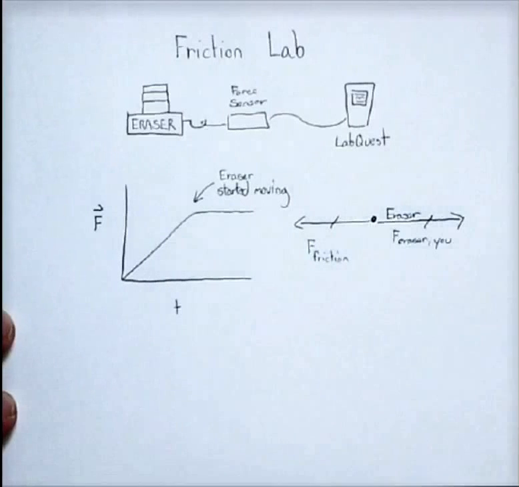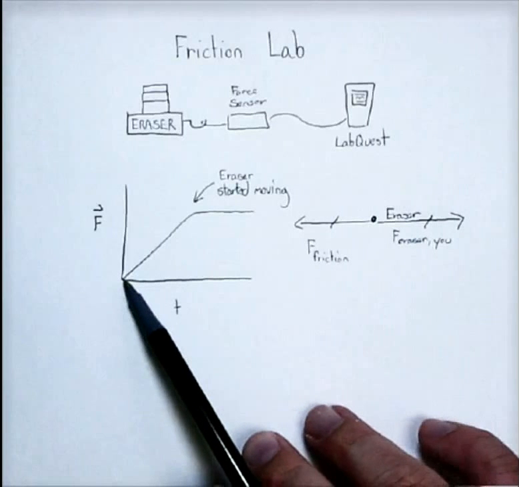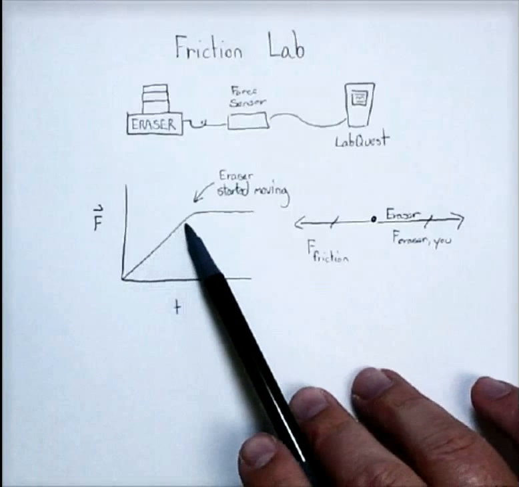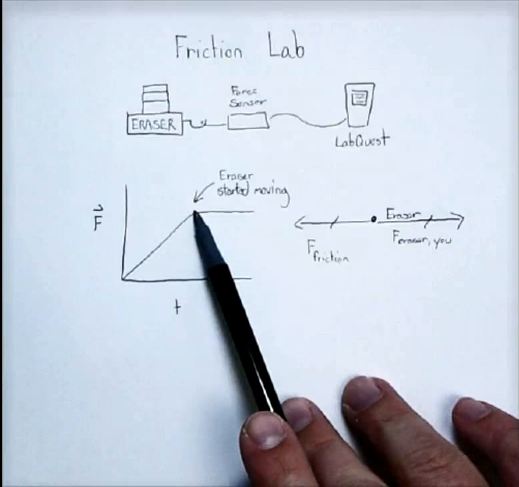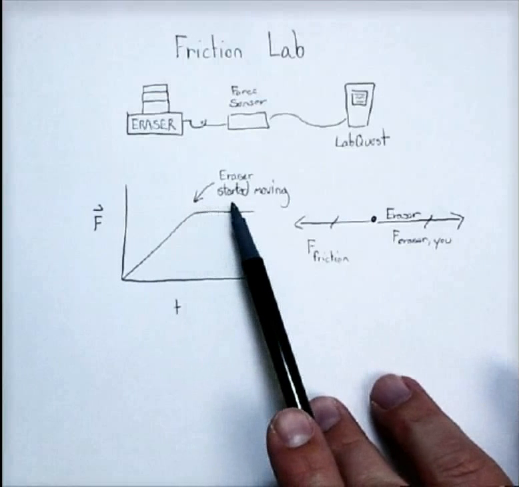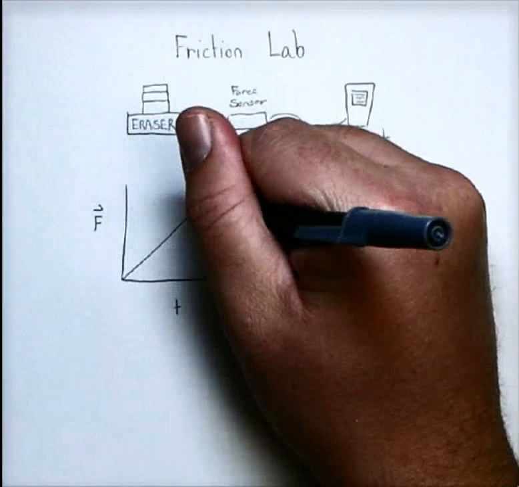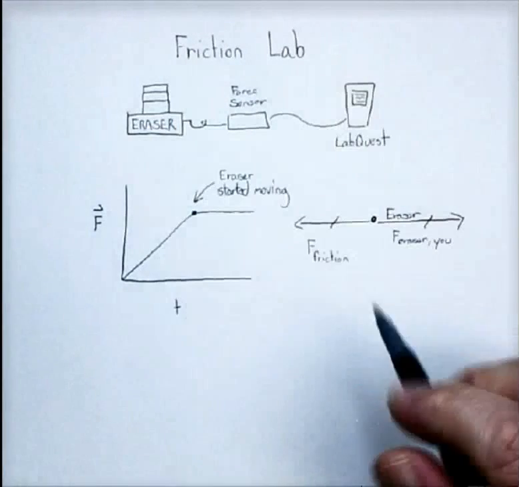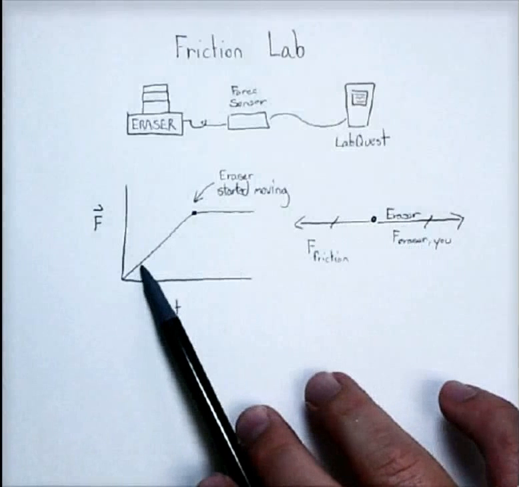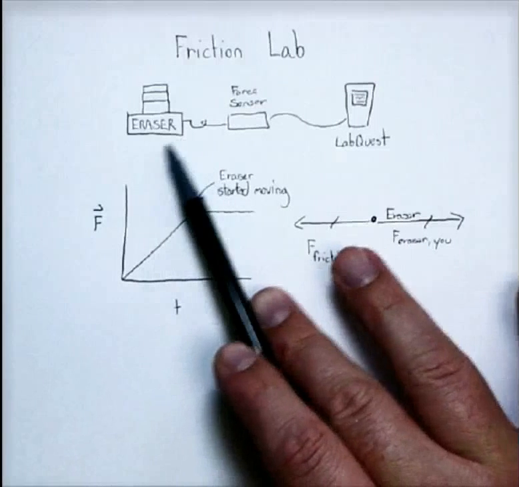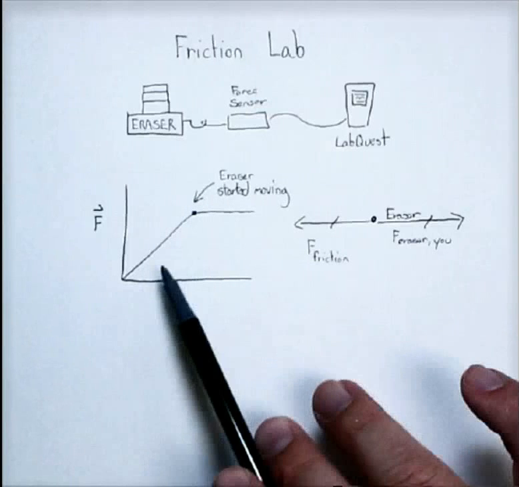Since there was no change in motion, those must be equal, which means the amount of friction on the object was constantly changing to match whatever force you put on it right up until this point. And at that point the eraser started moving. So once you got to right here, the force that you were supplying was greater than the amount of friction between this object and whatever it was rubbing against, so a desk or the counter.